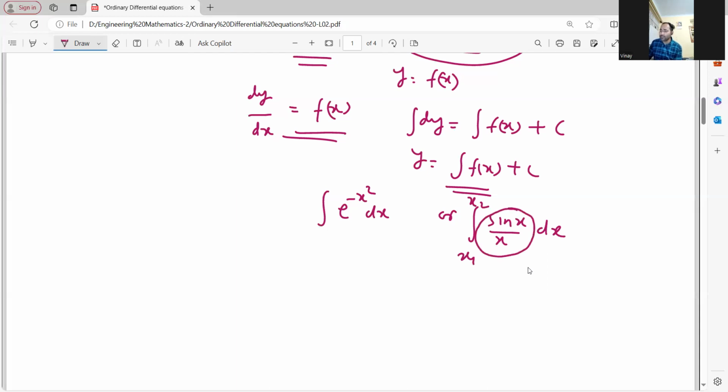Basically, what I'm trying to say is that sometimes it is difficult to solve the integration itself. Okay. Then how do you approach it? You approach it numerically. You try to integrate numerically, or in other words, you try to solve the differential equation numerically.